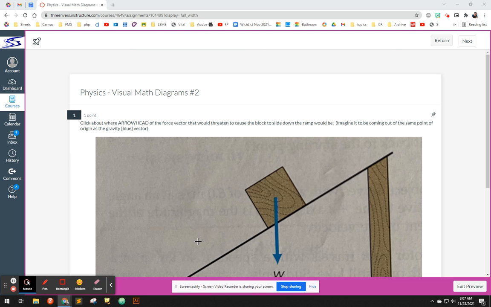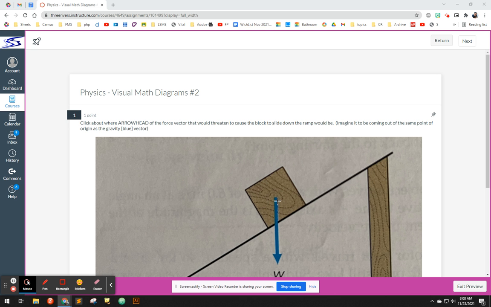Would it be way down here? Would it be right there? Where would it be? So imagine it to be coming out of the same point of origin as the blue gravity vector. Basically, the way to rationalize this is gravity's pulling straight down. We know that at all times. And since the ramp is at an angle, we can imagine that's the x-axis and this is the y-axis.